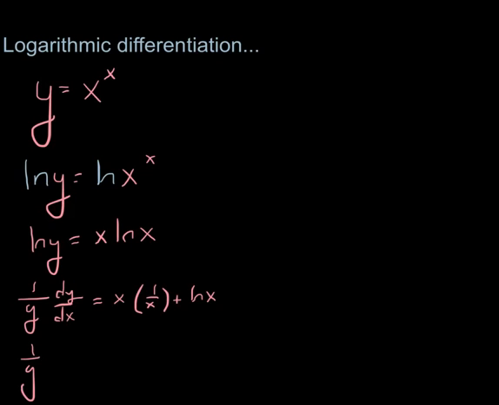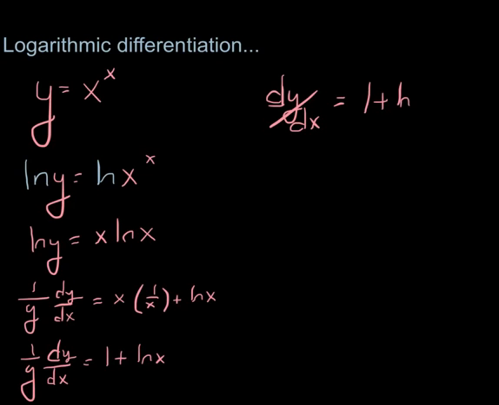So we get 1 over y dy dx is equal to 1 plus ln x. And then if we multiply both sides by y, we get dy dx is equal to 1 plus ln x times x to the x.